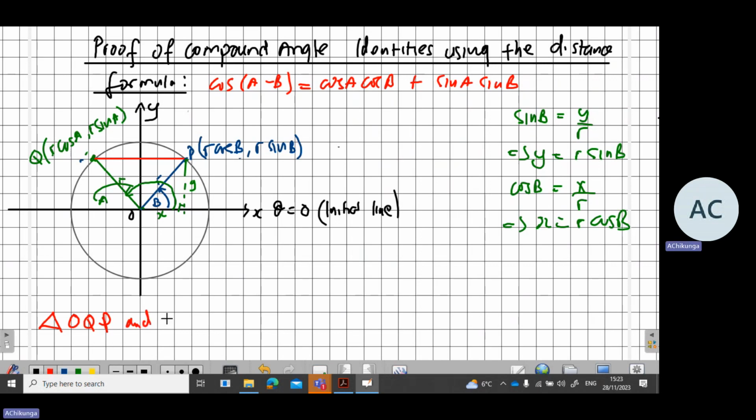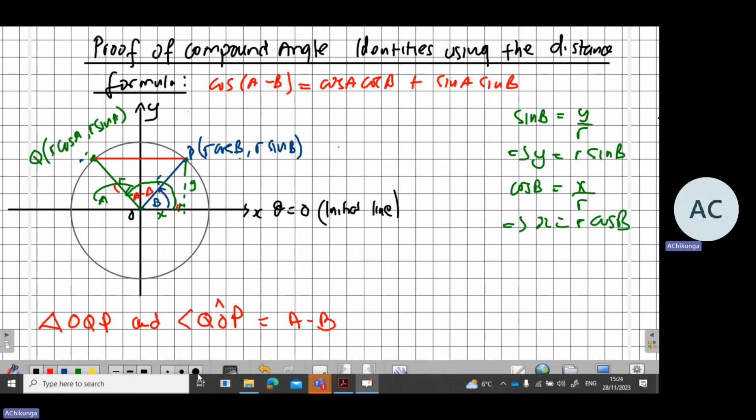And the angle between the line OP and the line OQ is simply A minus B. A better way of doing it in geometry is to say the angle QOP is equal to A minus B, because simply the angle from here to the line OP is A, and the angle from this point to the line OP is also B. So this is going to be just A minus B.